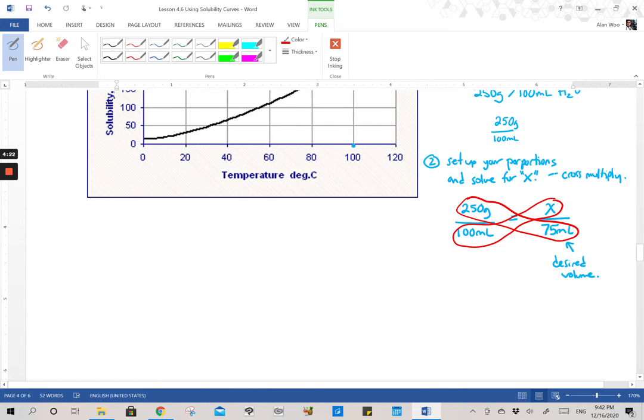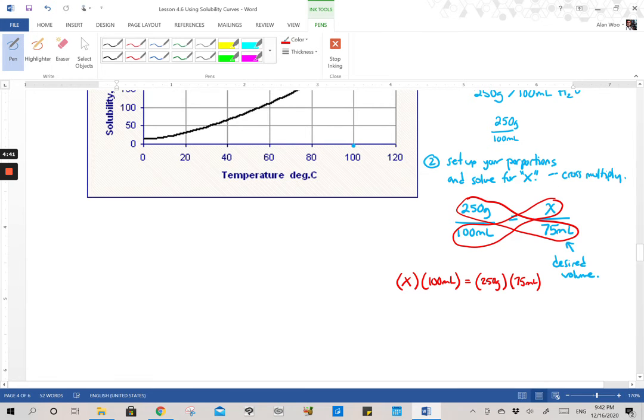So if we just set it up like this, x times 100 milliliters equals 250 grams times 75 milliliters of water.